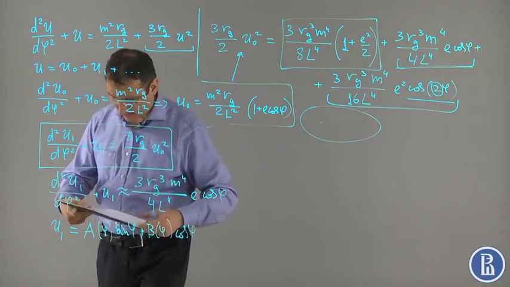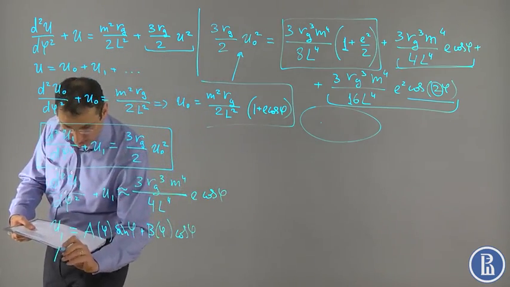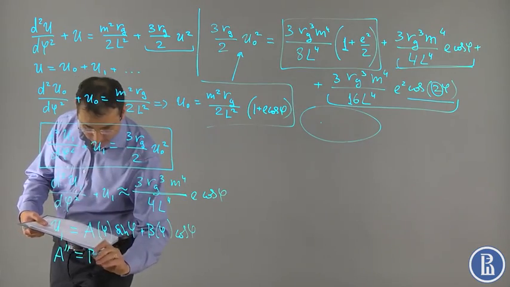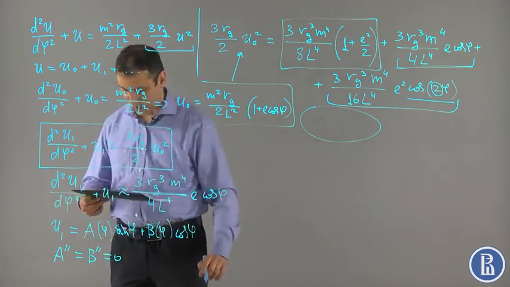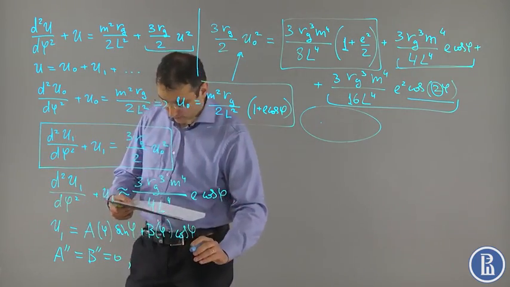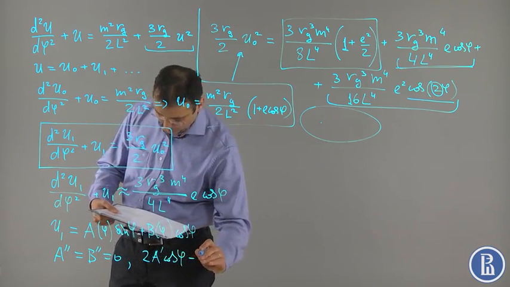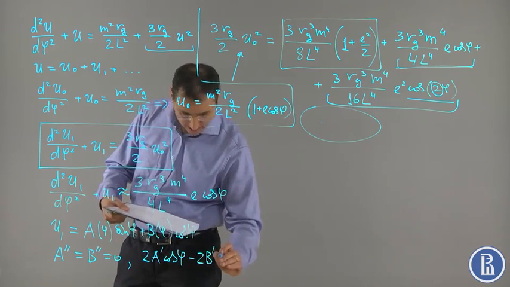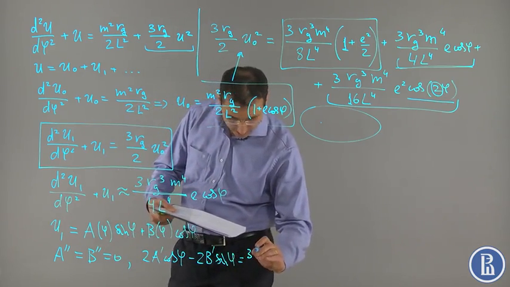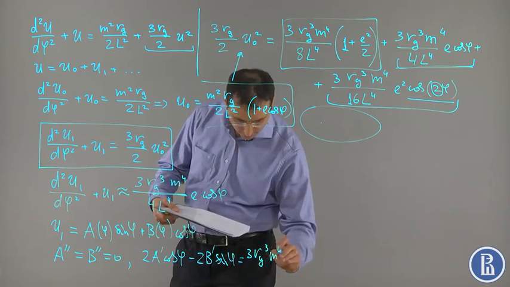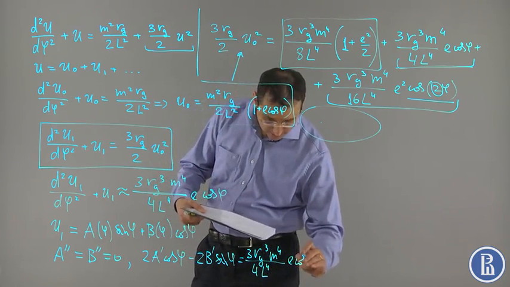The equations for a and b are as follows: a double prime and b double prime are approximately 0, where double prime is just the second derivative with respect to phi. And we have the following equation: 2a prime cosine phi minus 2b prime sine phi is equal to 3rg cube m to the fourth over 4l to the fourth e cosine phi.